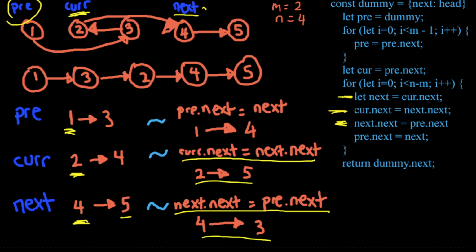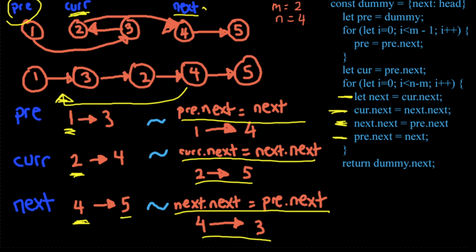Because right now 1 is pointed at 3, and you want to effectively move 1 to this spot, okay? Then pre.next equals next. So pre.next, 1, is going to end up pointing to 4, okay?